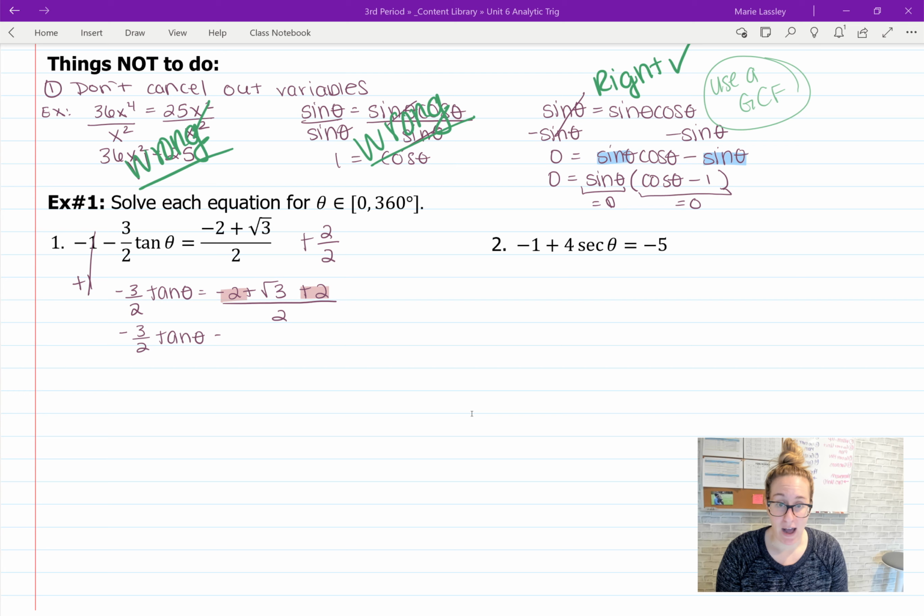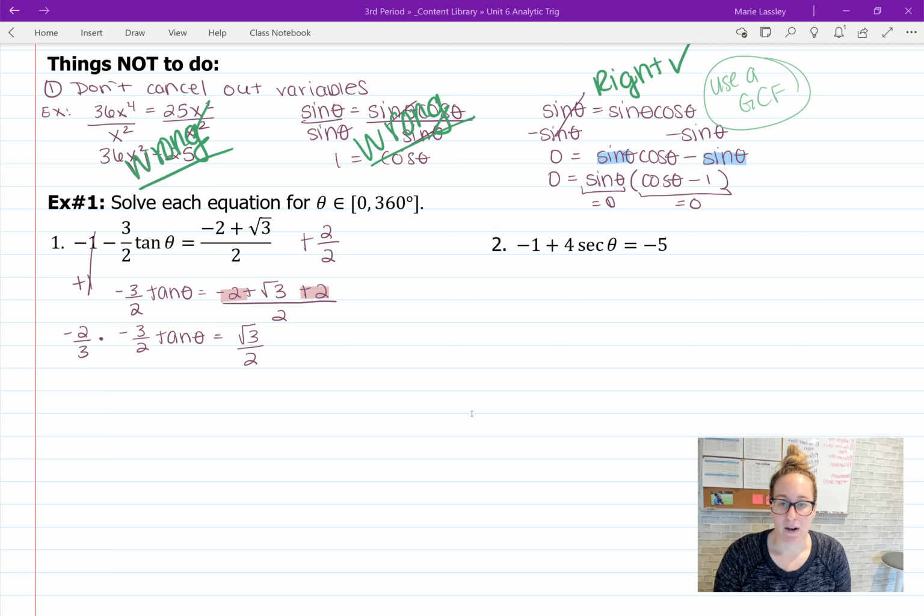The next thing that I'm going to do is get rid of the -3/2 being multiplied to the tangent. So I'm going to multiply by the reciprocal. So I'm going to multiply both sides by -2/3, -2/3. All right, so I'm multiplying by the reciprocal.